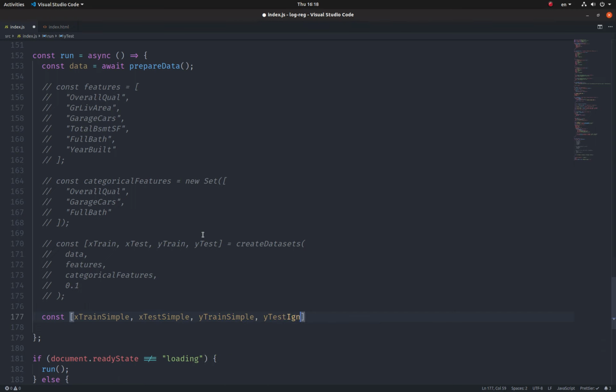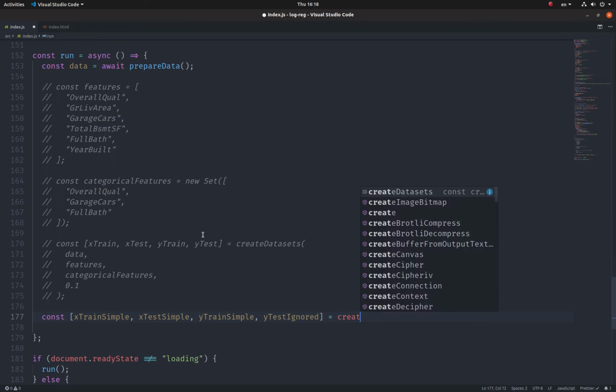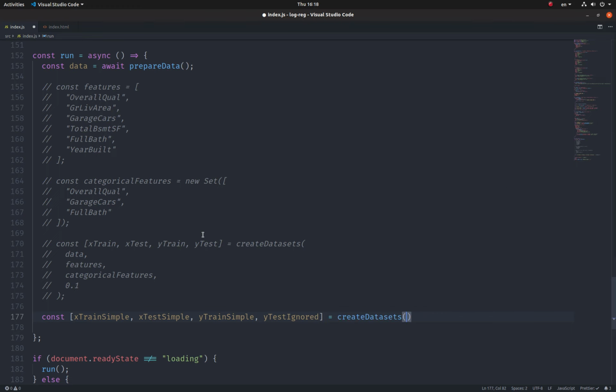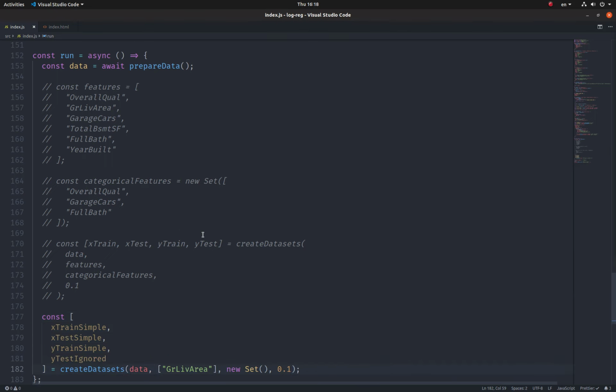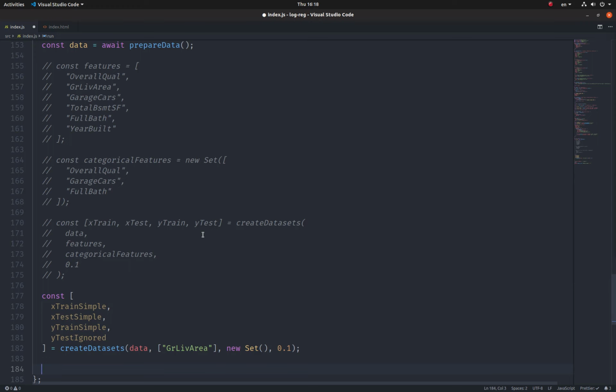And I'm going to ignore the last one, and I'm going to call createDatasets with the data. Then with the features, again we are using only a single feature, and it's the greater living area. We don't have any categorical features, so I'm passing in an empty set, and this should create the dataset for the simple training. The next thing I'm going to do is wait for our model to train.